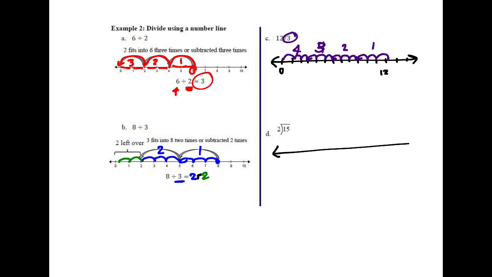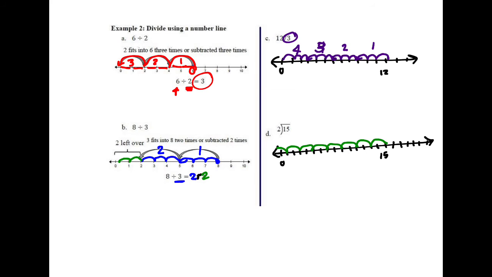Okay, last one here. Counting to 15: 3, 4, 5, 6, 7, 8, 9, 10, 11, 12, 13, 14, 15. And we're counting down by 2s. So I'm just going to skip 1 and get to the next one. There's 1, 2, 3, 4, 5, 6, 7.